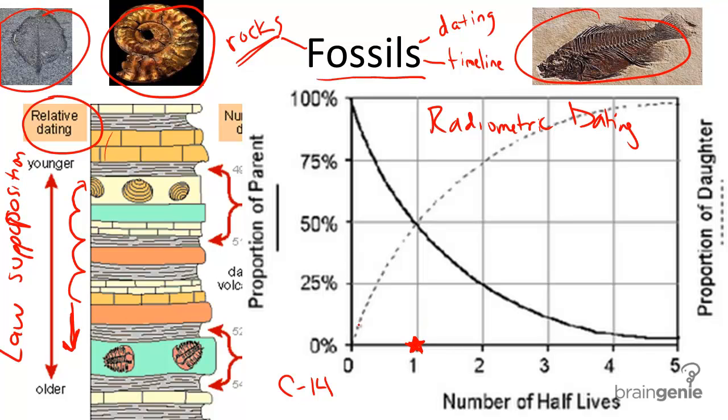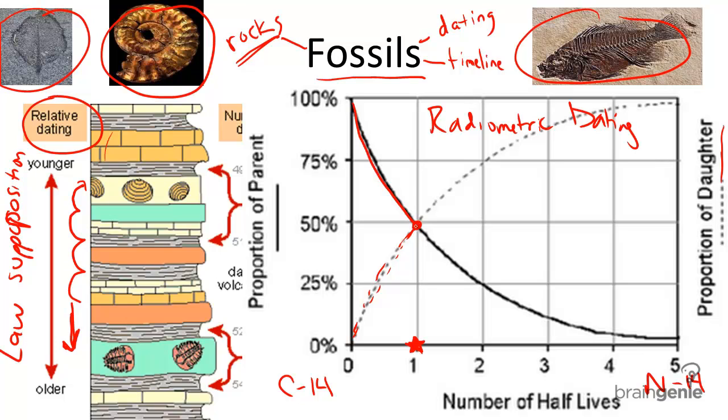If we look up, this is where the parent isotope, or carbon-14, has decayed about 50%, or 50% is left. And the daughter isotope over here, which is commonly nitrogen-14, an isotope of nitrogen, is also at 50% of its isotope left in its composition.